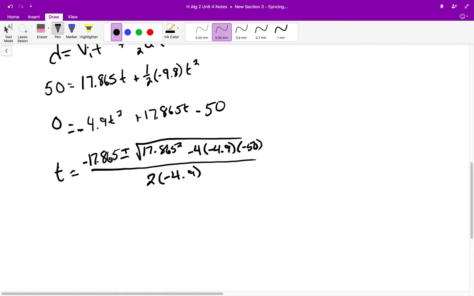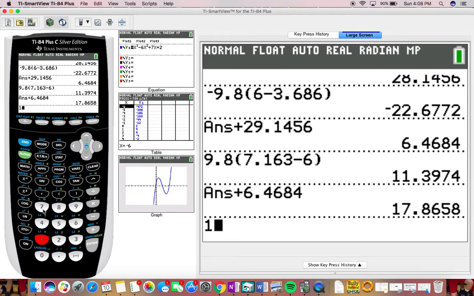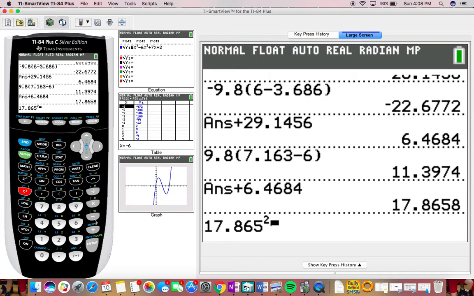All right. At this point, I would probably try to simplify what's underneath the radical first. So, starting with the 17.865 squared, let's start by typing that in, 17.865 squared. All right.